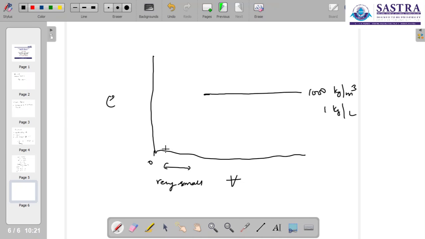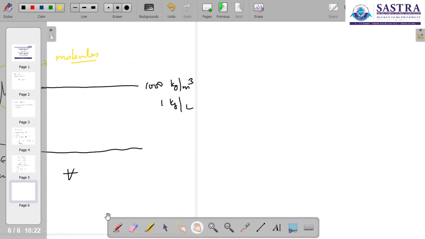Suppose if you go to these small values, what you see is a fluctuation, right? You will see a fluctuation because in this case the volume of water has become so small that you really will start seeing molecules. You no longer see water as water, you will eventually see it as molecules.